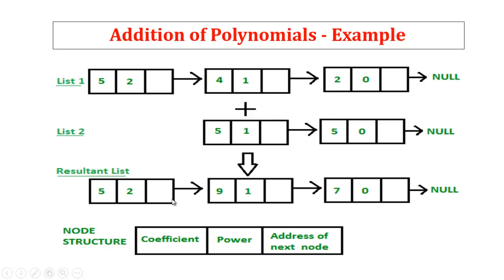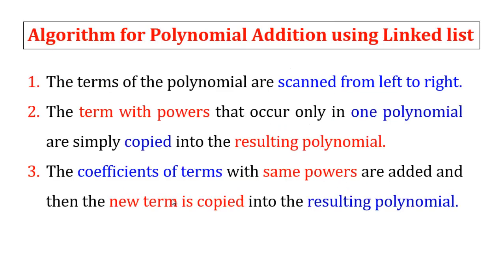Okay, right, so this is the algorithm. The terms of the polynomials are scanned from left to right. Each polynomial is scanned from left to right, comparing each term with the corresponding powers. Second, a term with a power that occurs in only one polynomial is simply copied into the resulting polynomial.